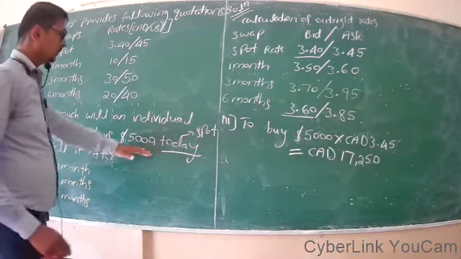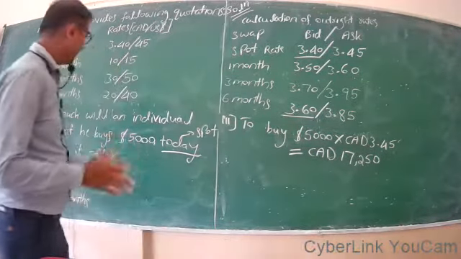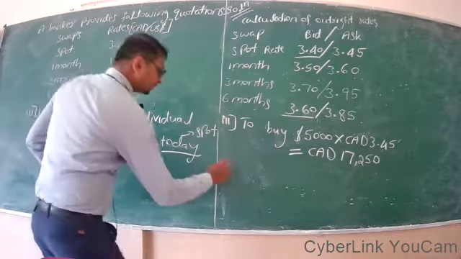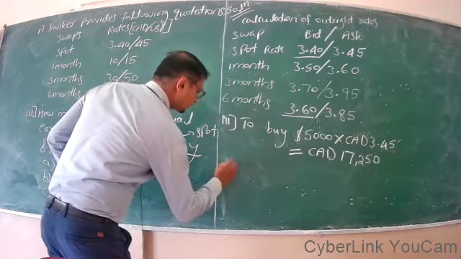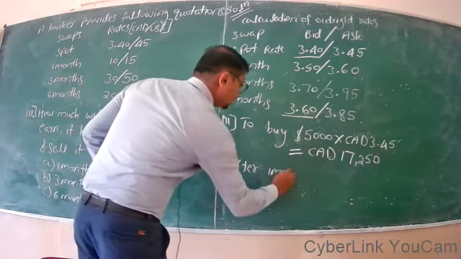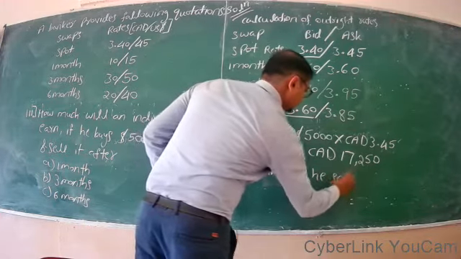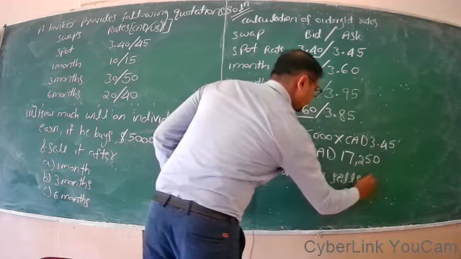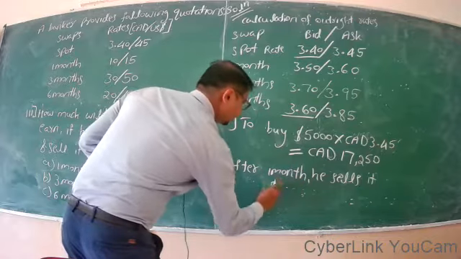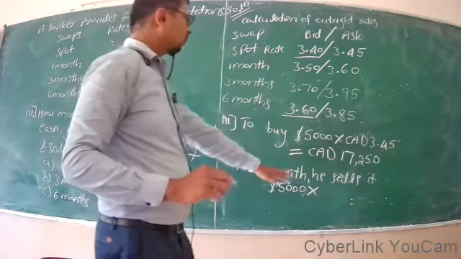If he buys $5,000, he is paying 17,250 and he keeps it for a month and he sells it after 1 month. After 1 month, he sells it.